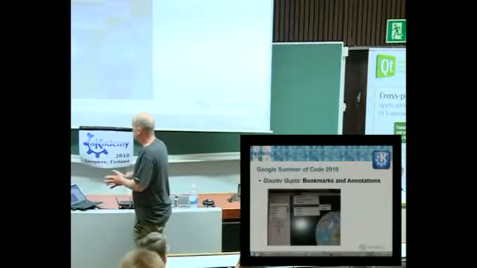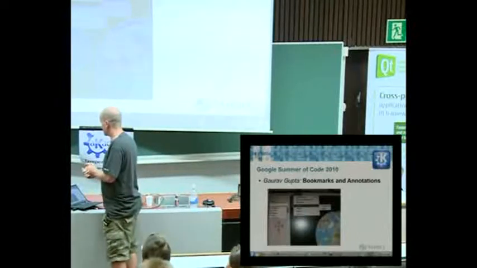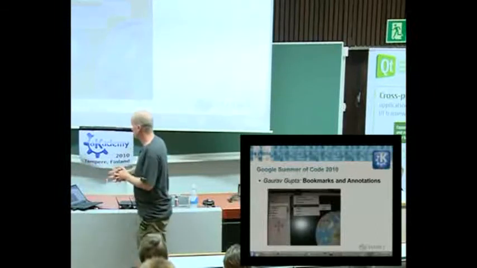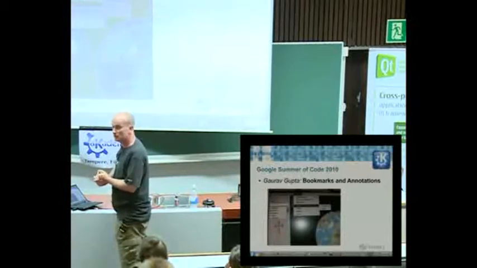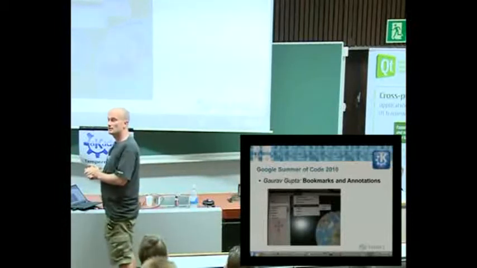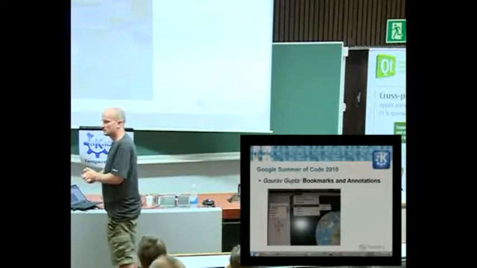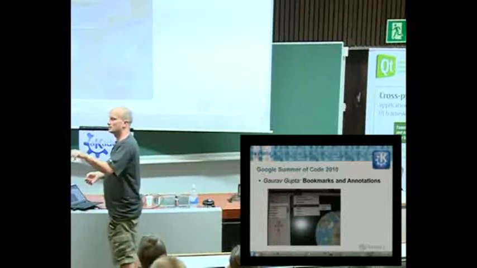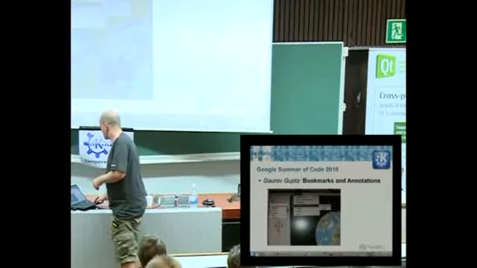Then we currently have 3 Google Summer of Code students, namely Gaurav Gupta, implementing bookmarks and annotations, and he got the bookmarks running already. So in the next Marble release after KDE 4.5, namely for KDE 4.6, you'll be able to bookmark locations in Marble and jump to them with a browser-style bookmark menu.